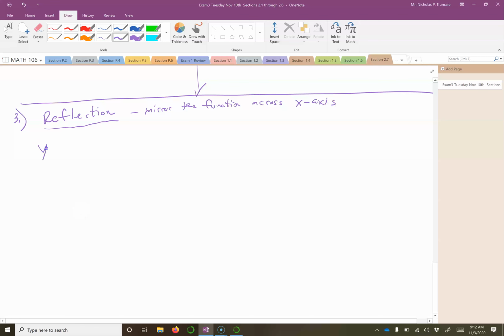Well, if you had a y equals f of x, and you wanted to do a reflection transformation, this is simple. You just basically do negative f of x. So whatever your function was, you essentially multiply all the terms in that function by negative 1. That's pretty simple. All right?